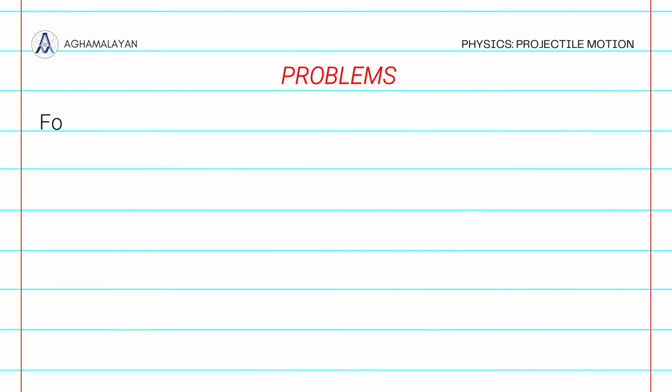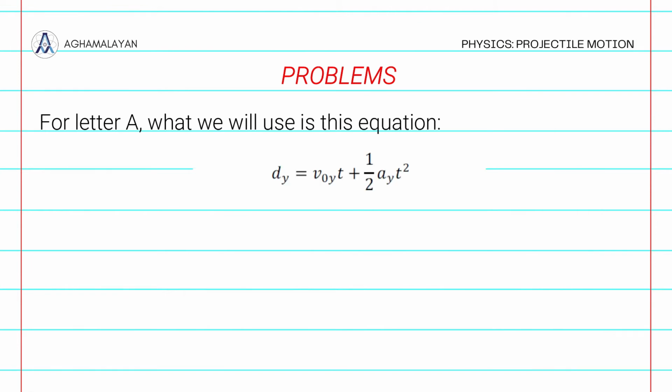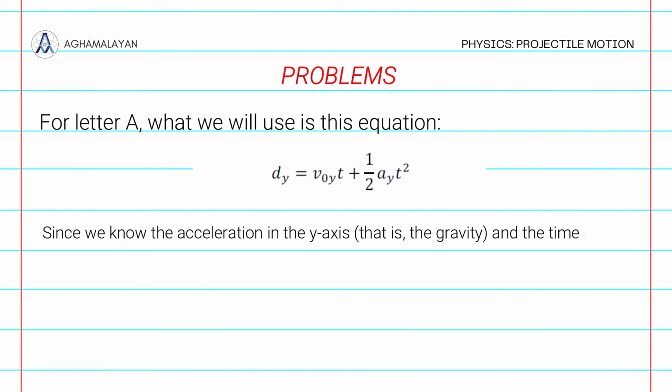For letter A, what we will use is this equation. d sub y would be equal to v naught y times time plus 1/2 times a sub y times t squared. Since we know that the acceleration in the y-axis is also its gravity, and we know the time it takes.